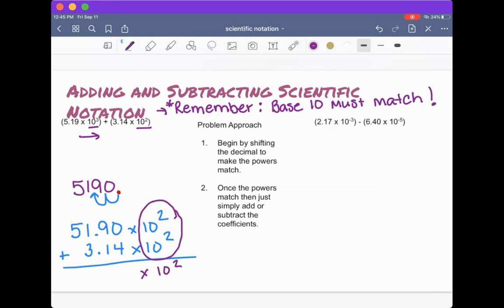Now I'm going to add the coefficients like I would regular addition. So this is going to be a 4. This is a 10. Carry the 1. So I'm going to get 5, 5. And I'm going to bring my decimal down to match. So there's my answer: 55.04 times 10 to the 2.